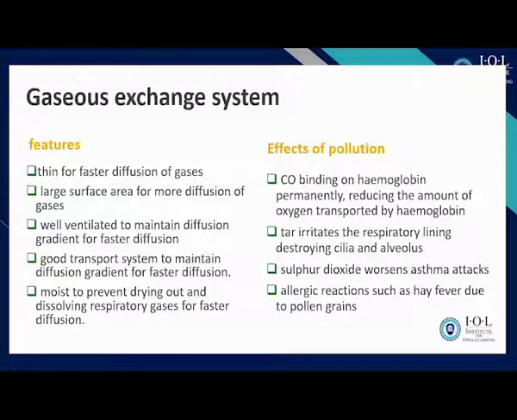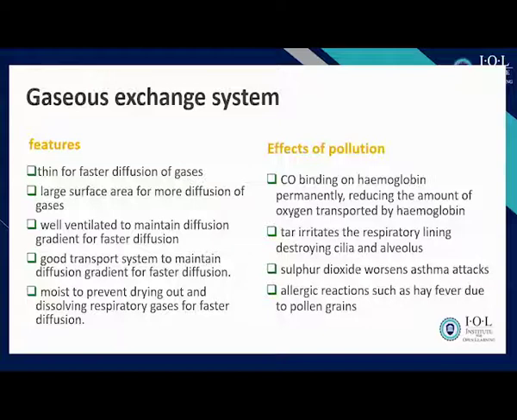Now, how does pollution affect the gaseous exchange system? Carbon monoxide, usually released from incomplete combustion, binds permanently with hemoglobin, and that replaces oxygen, so this person will have a reduced amount of oxygen in the blood, or fewer hemoglobins available to transport oxygen.